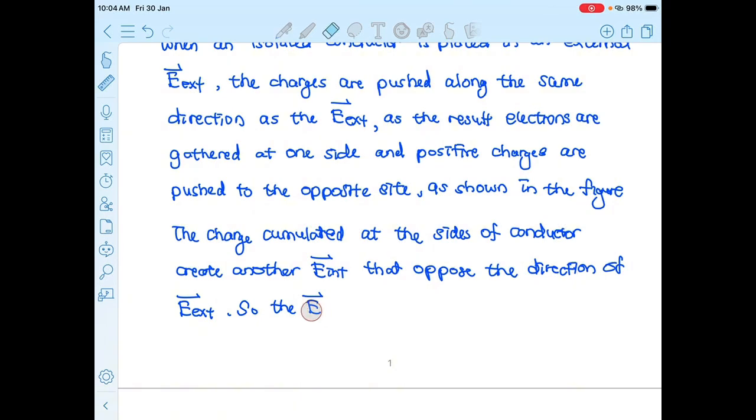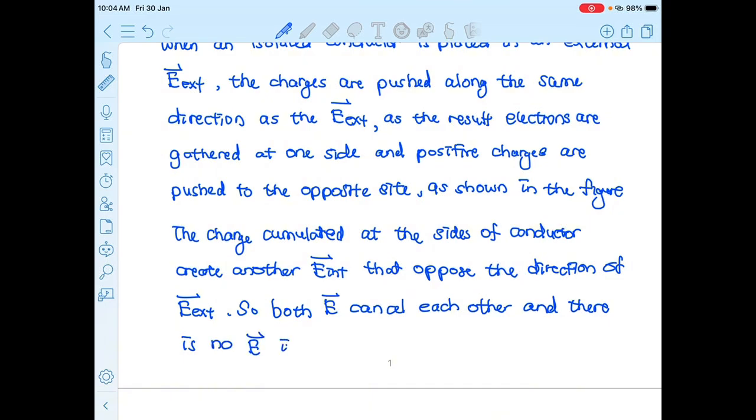So both electric fields cancel each other, and there is no electric field in the conductor.